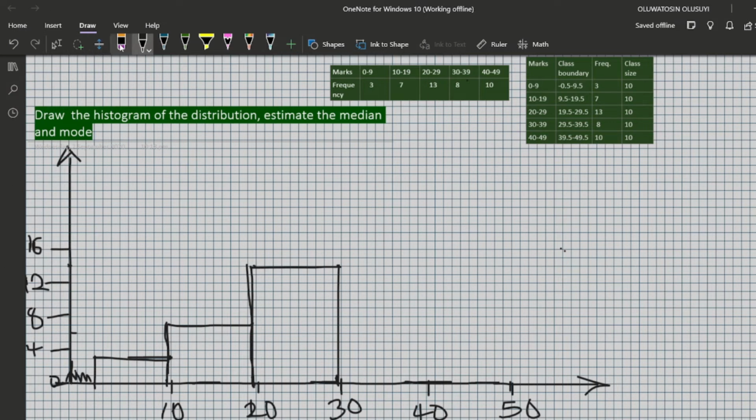I haven't gotten that. So we have that. Let me leave it. So I have what again? I have 29.5, 39.5. This 39.5. Then from here is what, 8 is at 8.